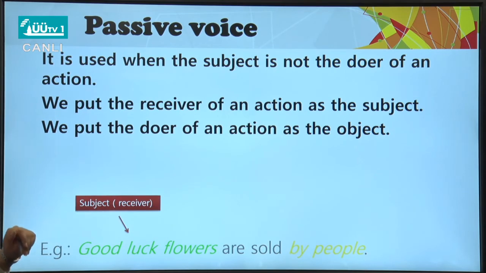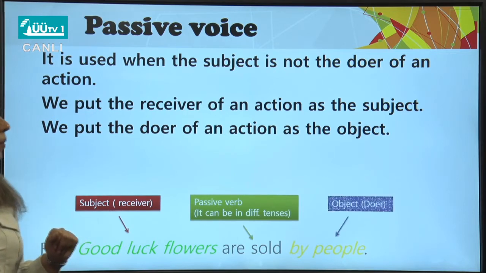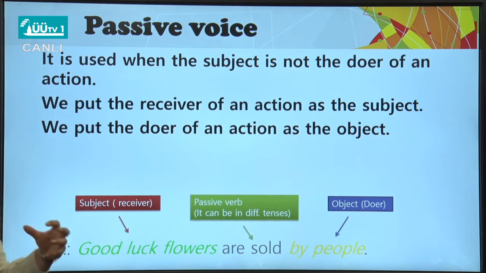Are sold by people. Are sold is the passive verb. And by people here is object. Did you see? The subject and the object are replaced by each other. The object of the previous sentence is the subject of a passive sentence.